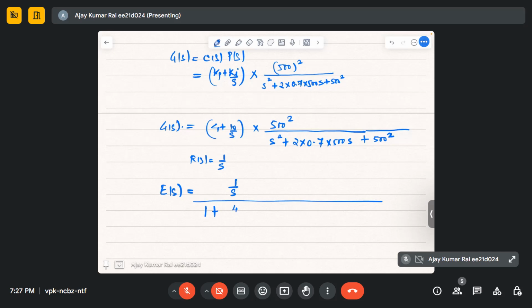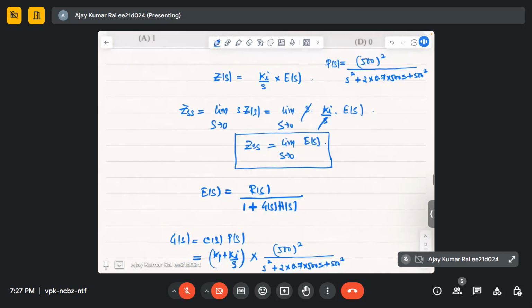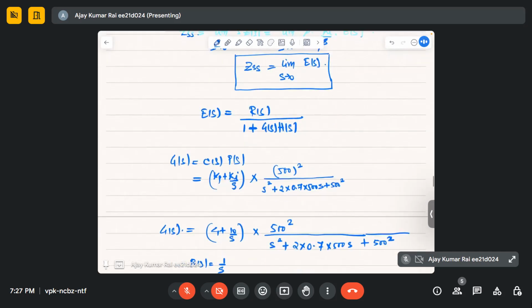HS is equal to 1. Okay, the same thing. Okay, let me use this E of S in the original equation.